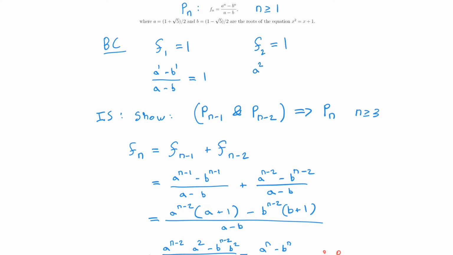So a squared minus b squared over a minus b. Now let's remember, a squared is the same as a plus 1, and b squared is the same as b plus 1, so we have minus b minus 1, and again we have a minus b over a minus b, and again we get 1.